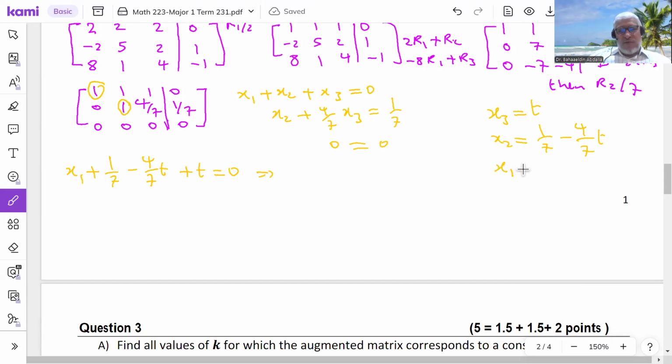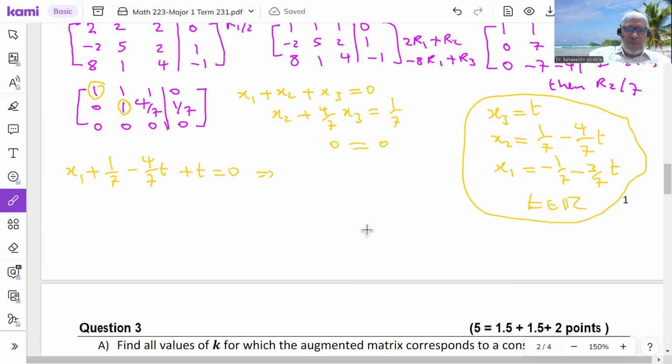So from here, I can find that x1 equals negative 1 over 7, and negative 4 over 7 plus 7 over 7 is 3 over 7. If you take it to the other side, it's negative 3 over 7 t, and t belongs to R. So this is the solution of the system.